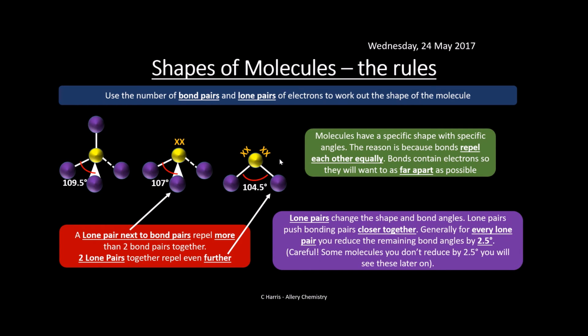There is an exception though, which I'll show you later where this doesn't work. For example, we started at 109.5, reduce it by 2.5 degrees because we've got one lone pair, which gets us to 107, and reduce it again by another 2.5 because we've got two lone pairs, and that reduces it to 104.5. You'll see some of the exceptions later on.